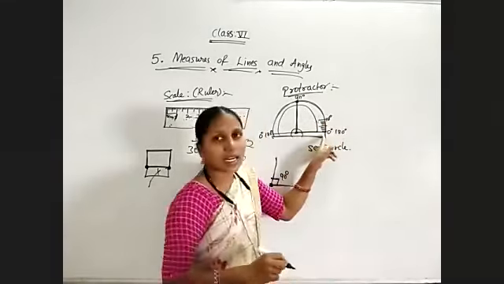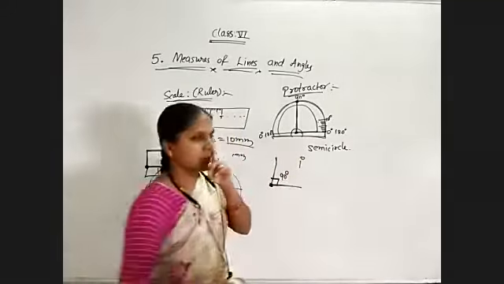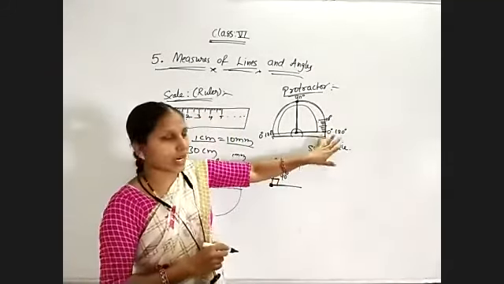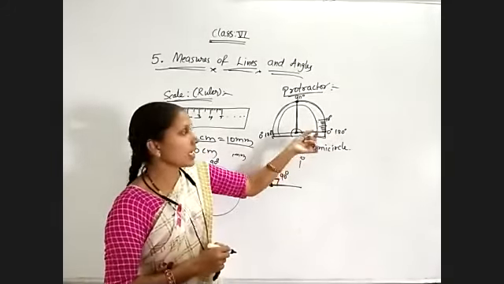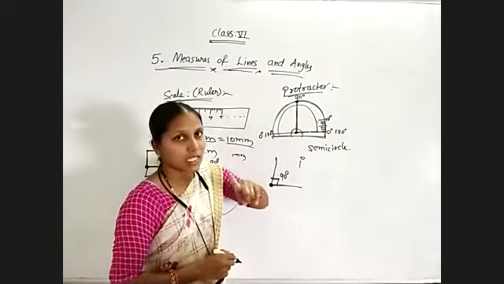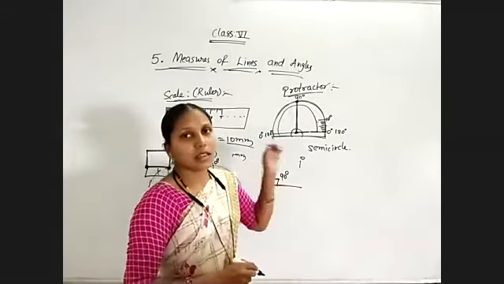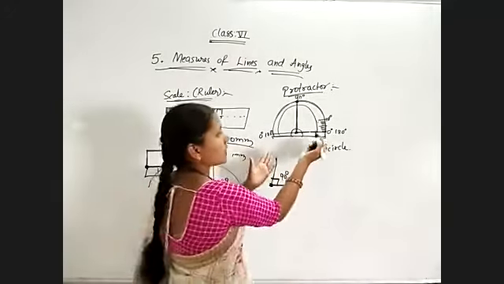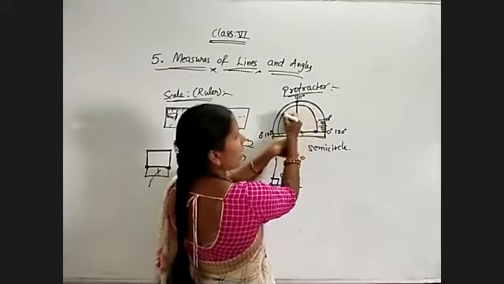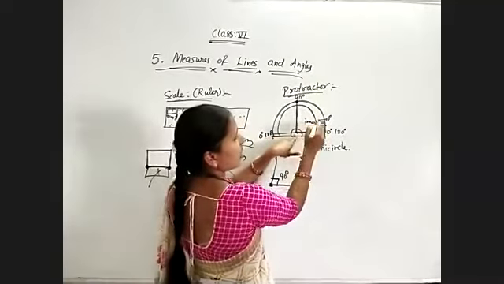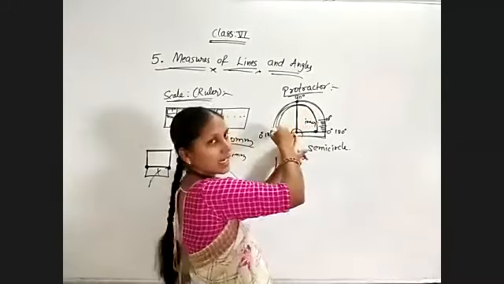Each smaller line indicates 1 degree. And on the protractor 0 to 180 degrees are mentioned. If we are counting these inner values, in that case, like this we will get.